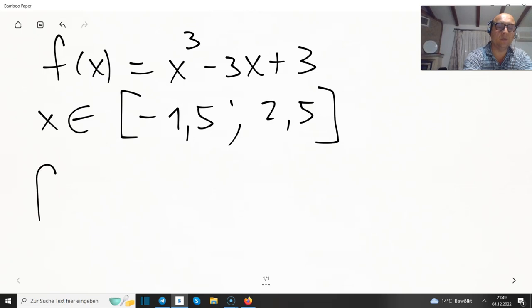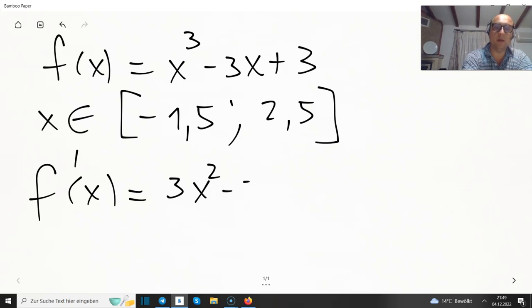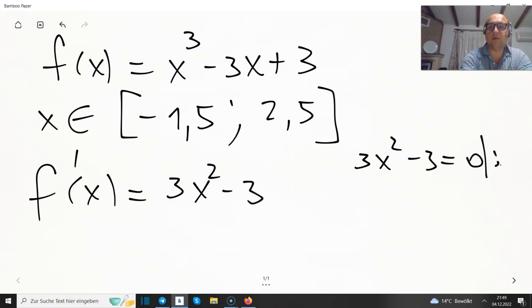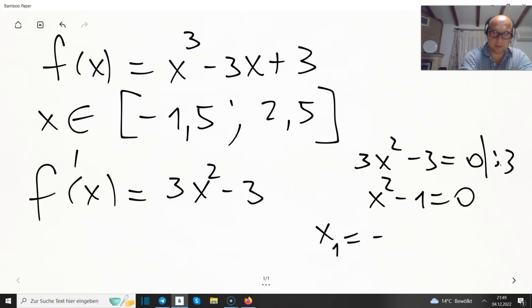All right, so basically what we're doing, we are producing the first derivative, which is 3x squared minus 3. We can put 3x squared minus 3 equal to 0. We're dividing it by 3. We're going to get x squared minus 1 equal to 0, and that means x1 is minus 1, x2 would be 1.